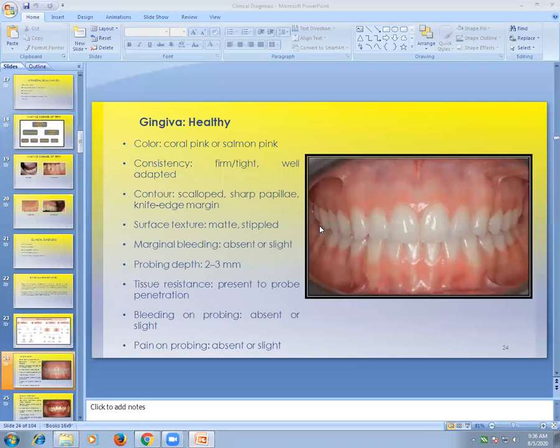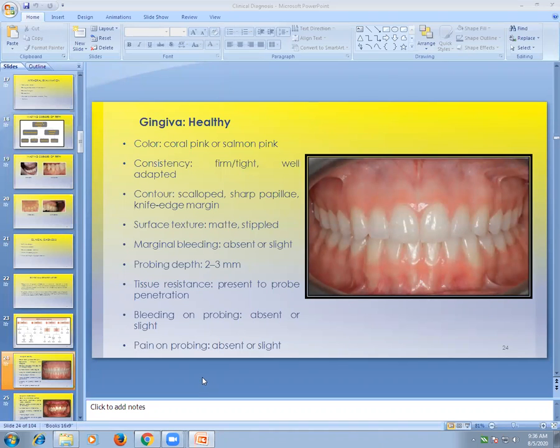Now start with the gingiva. In the gingiva, what I told you in the last class is that gingival status is a chart. In that chart, you have to enter the tooth number and look at color, whether there are color changes in that patient.